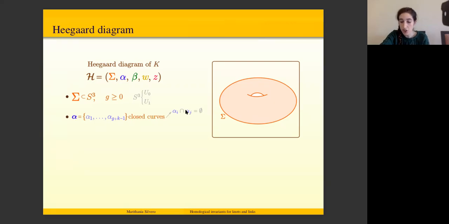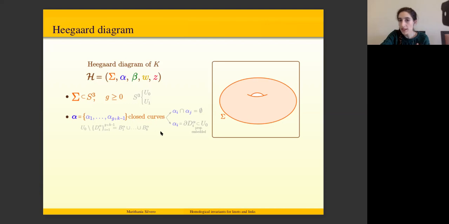They should be disjoint, and each of these curves bounds a properly embedded disk in U0, in one of the 2 handlebodies we had here, okay? And the complement of those disks is a union of balls, okay?